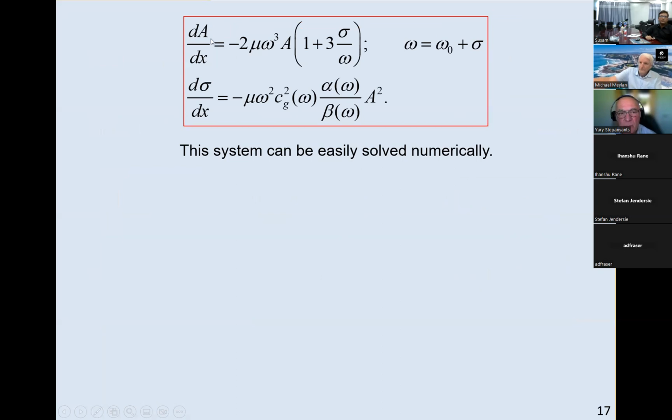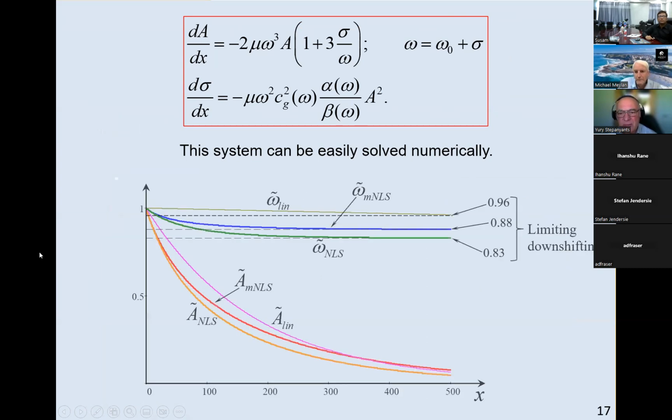So if we modify our asymptotic approach and take into account that omega is a function of sigma, then we obtain such a nonlinear set of equations, which is not solvable analytically, but it can be easily solved numerically. And here you can see that the dependence of amplitude within the linear theory is exponential. Within the simple asymptotic theory, it is shown by this yellow line.